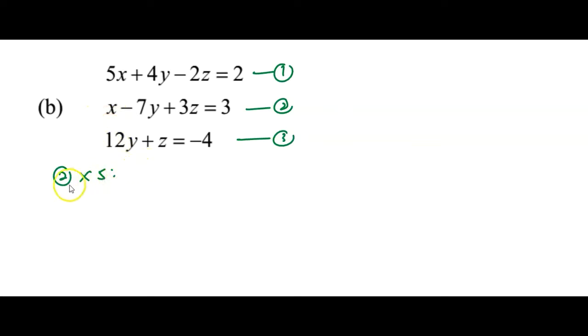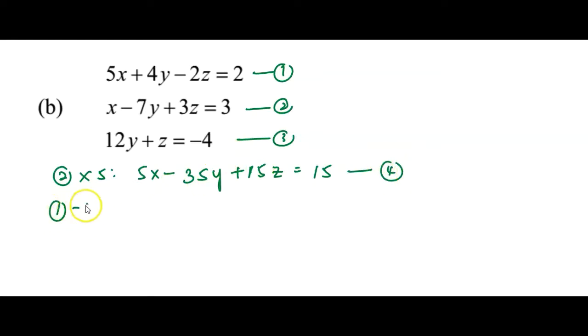Alright, so taking equation 2 multiplied by 5, I got 5x. I'll name this as equation 4. And then taking equation 1 minus equation 4, you will have 5x minus 5x is 0. 4y minus negative 35y, you will get 39y.